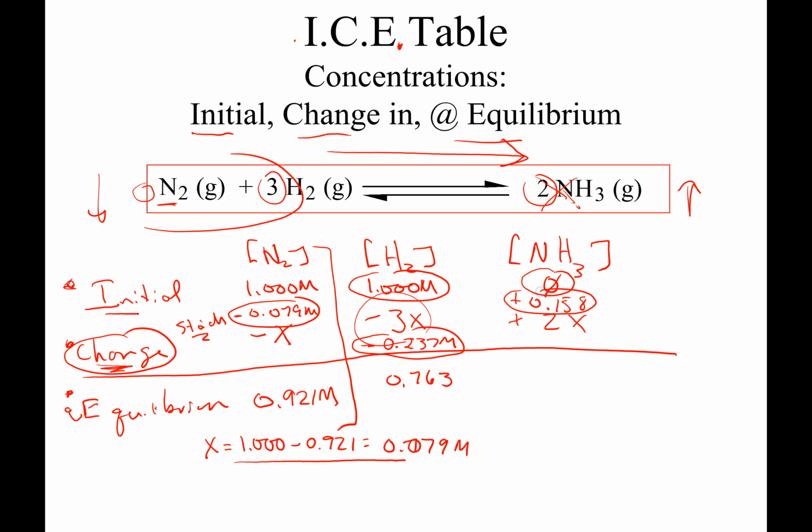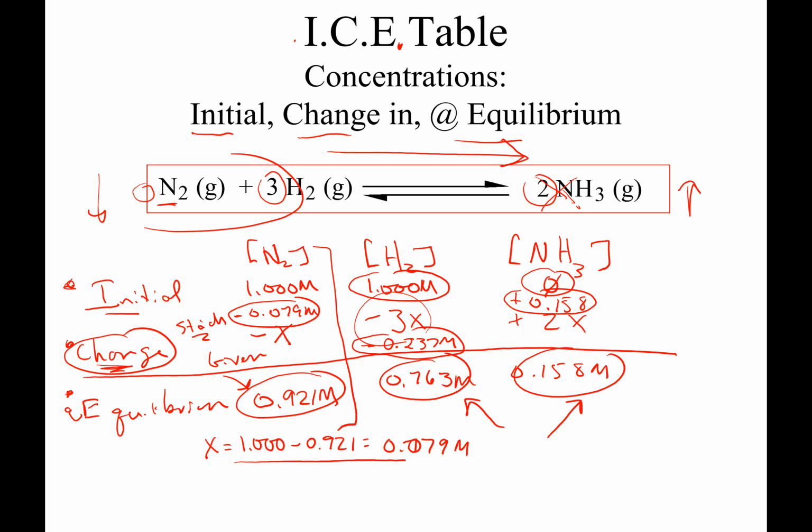The change is plus 0.158, so we end up with 0.158 moles per liter. Those then would be the equilibrium concentrations. These actual numbers are two of the things we were trying to get to, the equilibrium concentrations of the other things. We were given this. I know my ICE table looks a little scrambled and messy, but it's the right idea.